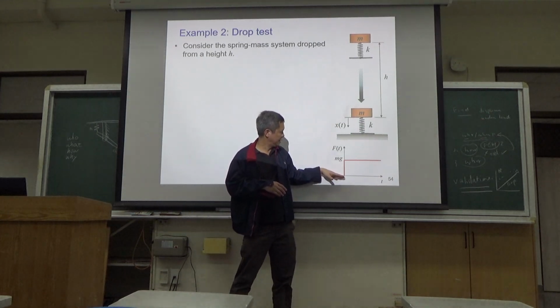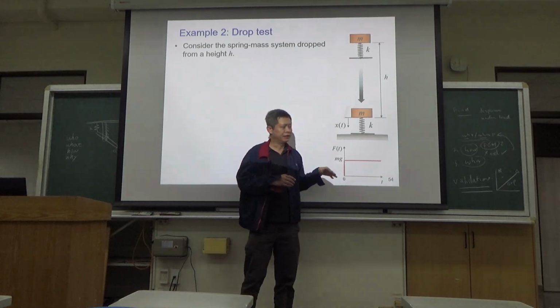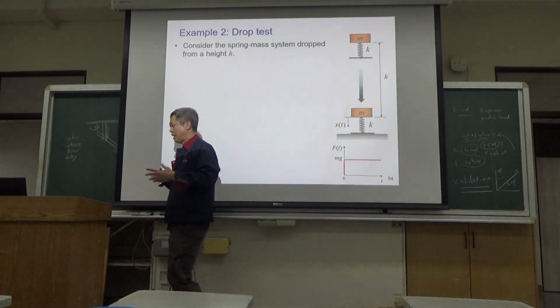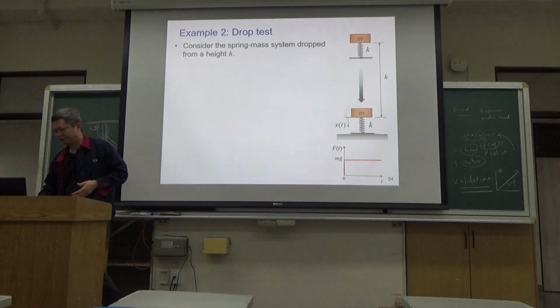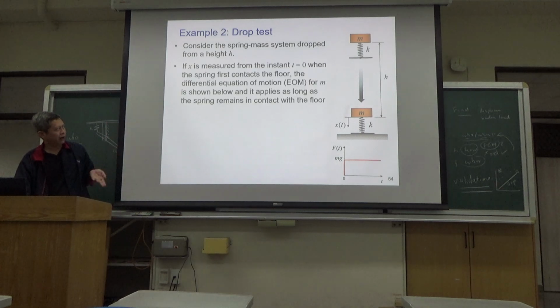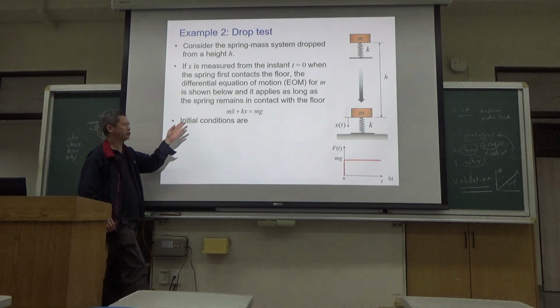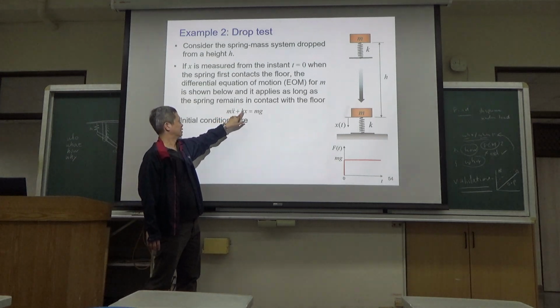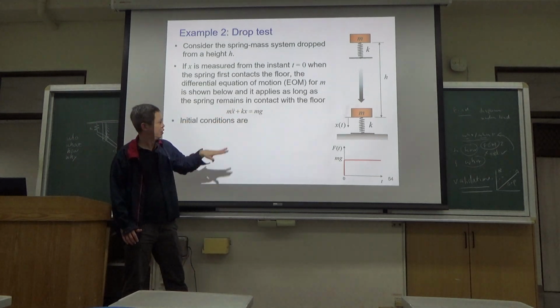This is going to be a step force applied. This force comes from the ground reaction force from the weight. And then the spring, which is the landing gear, is compressed. So your equation of motion is m x double dot plus kx equals mg.